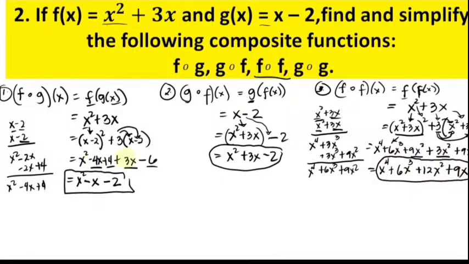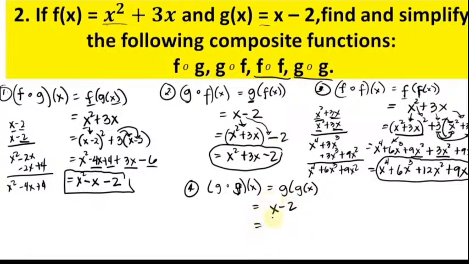Then last, number 4. So we have decomposition of g with g, so that is g times x equals g times g of x. Again, the value of g of x is x minus 2.